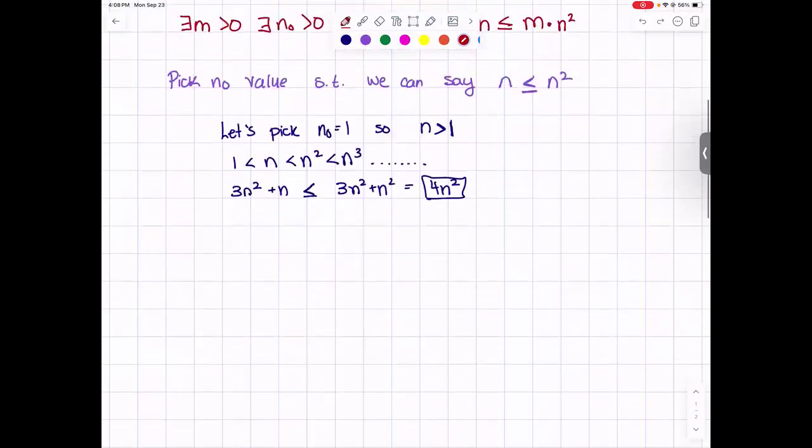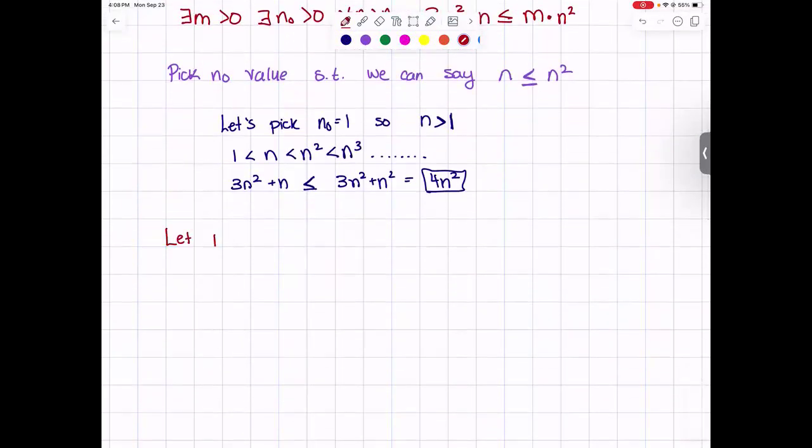All we've done so far is define our problem space. We can say let m equal 4 and n naught equal 1.